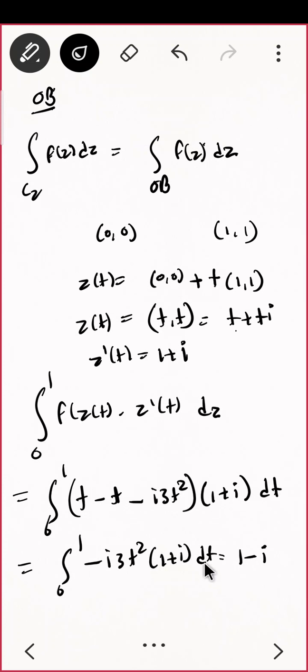Just quickly check whether this is 1 minus i. Is that okay?